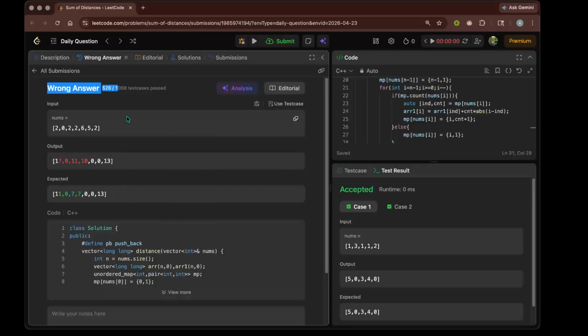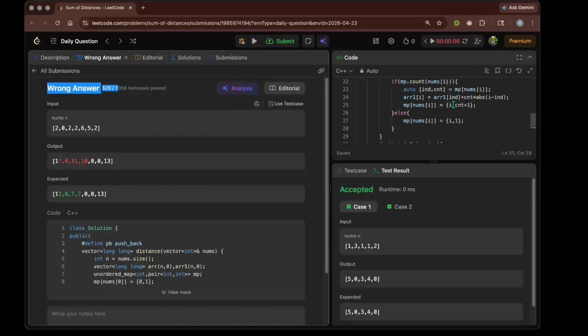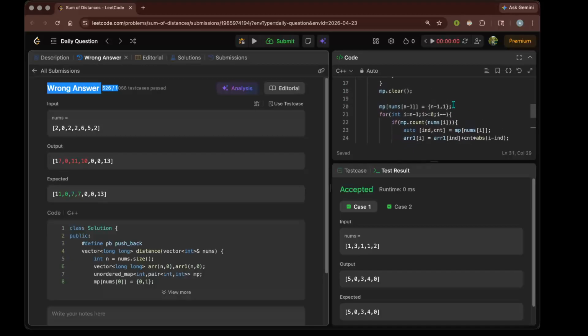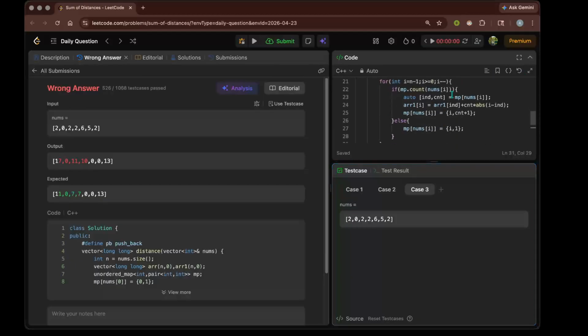Obviously for the forward, it's going to be the same, but for this, it's giving a 10, but it should be 7.